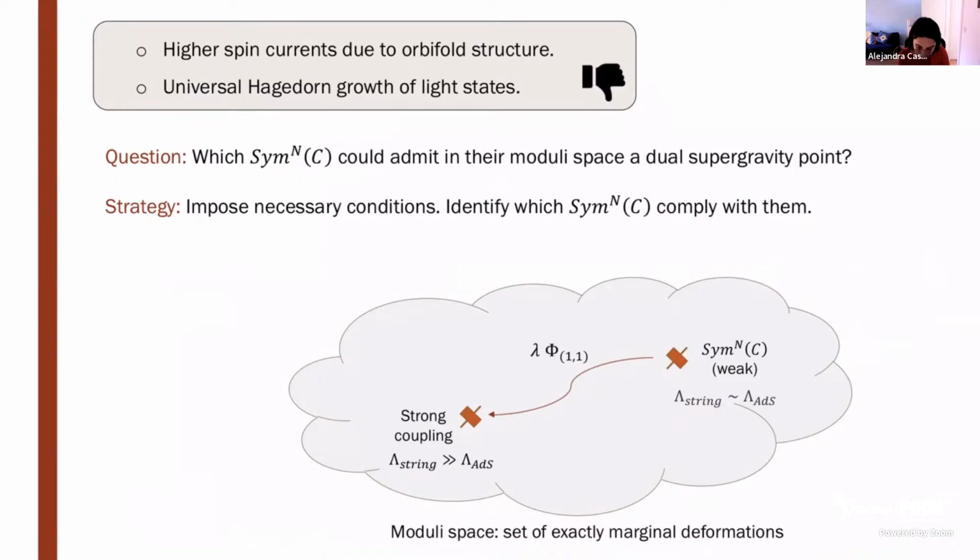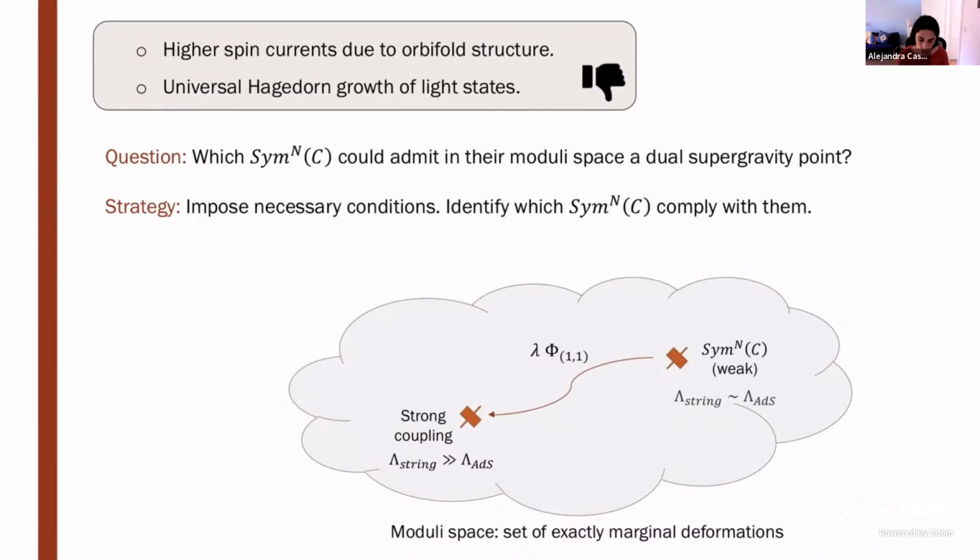But what we want to do is turn on a coupling that I'll call lambda, by turning on a marginal deformation, and get to hopefully a strongly coupled point, where you have a hierarchy between the string and the AdS scale. So most states become very massive, and then at low energies you have just the supergravity-like spectrum.